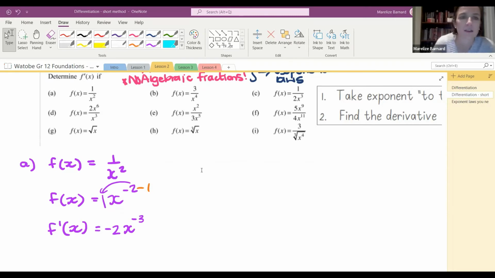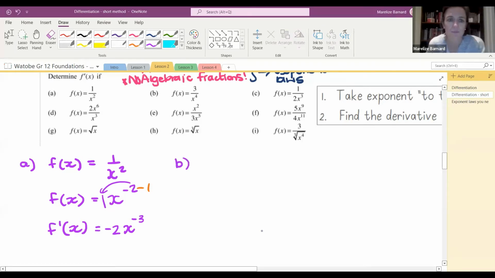Okay, excellent. Right, let's go to B then. Okay, so f of x is 3 over x to the power of 4. Okay, so I just want you to put in the chat what you think we must change this to so that we can differentiate it.